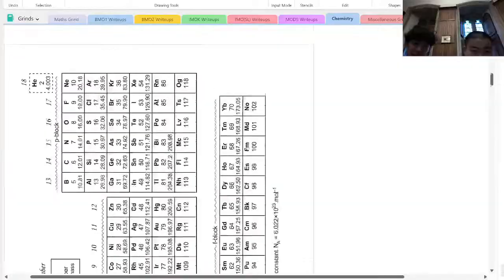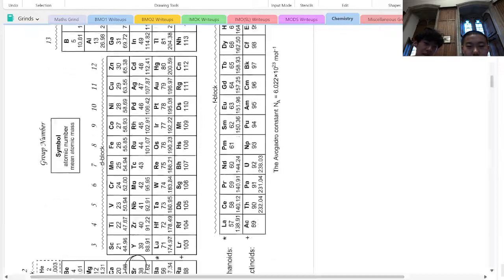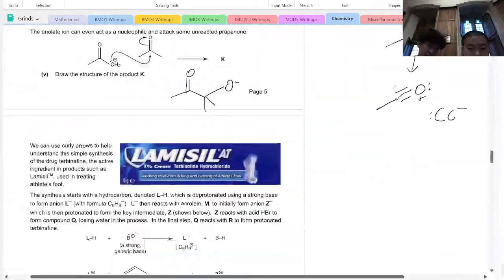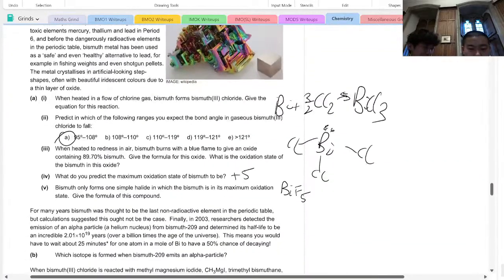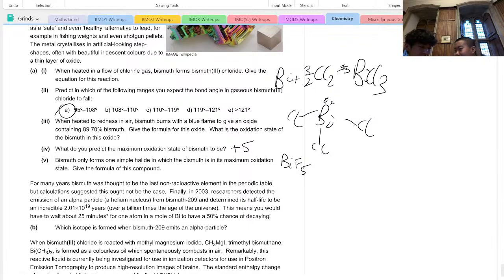So bismuth emits an alpha particle. Bismuth is 83, so it's gonna go to 81, which is TL.